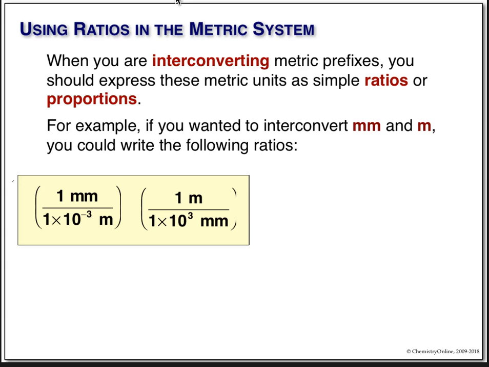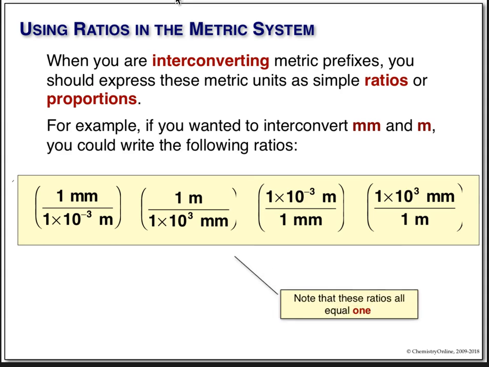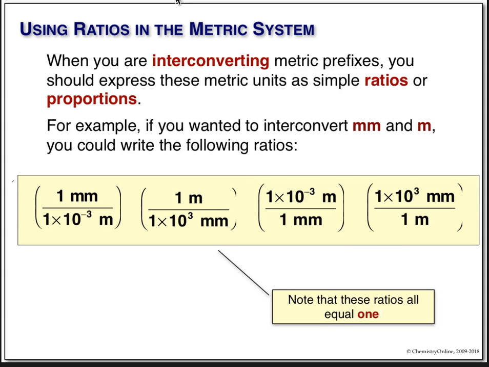We can also express it differently and simply say, well, if I had 1,000 millimeters, that's 1,000 times 10 to the minus 3, that's 1 meter. 1,000 millimeters, 1 meter. And because these ratios have a value of 1, you can flip them over. So for every conversion, there will be 4 possible ratios you can write. This way and upside down. They all have a value of 1.